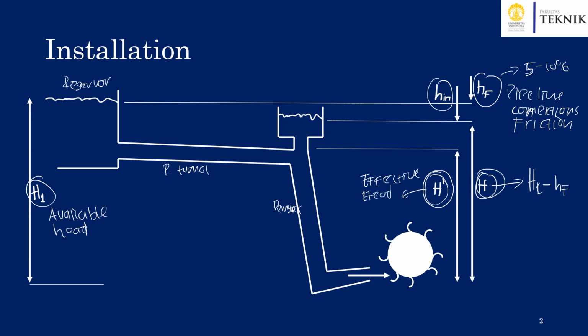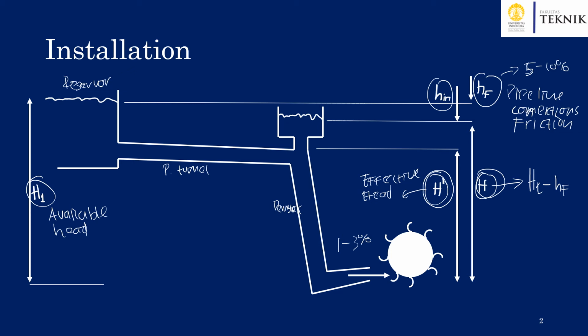The effective head represents the amount of head that is delivered to the turbine, and one of the causes of loss is the nozzle here, which might cost us 1 to 2% in energy losses. So we have H prime.